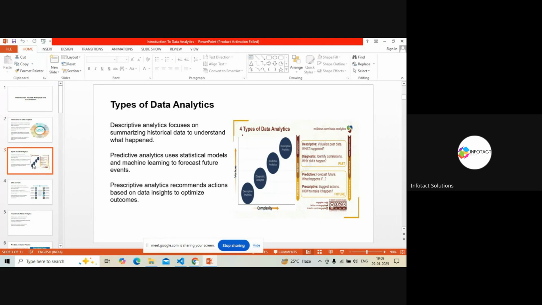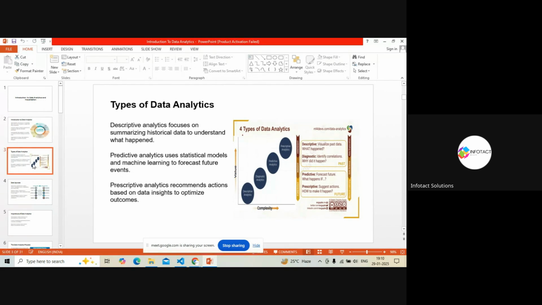What is descriptive? Because data analytics is broadly categorized into these four types. What is descriptive? We will discuss in detail. Means what happened. Descriptive means what actually happened. It focuses on summarizing the past data to understand the trends and pattern, and it provides insights into historical performance using various data aggregation and visualization techniques.